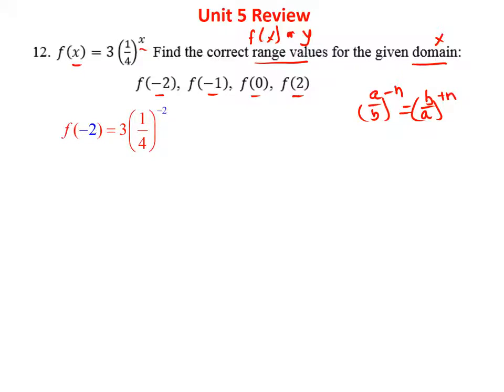In this case, we change 1 over 4 to 4 over 1 and change the exponent to positive 2. So 4 over 1 is simply 4, 4 squared is 16, and 3 times 16 is 48, and that's our first answer.